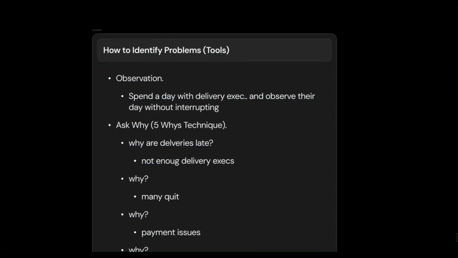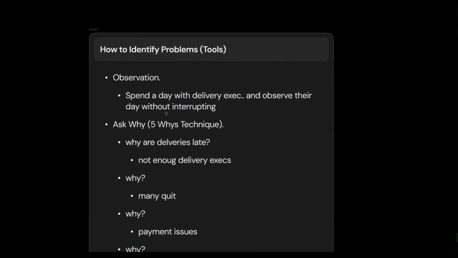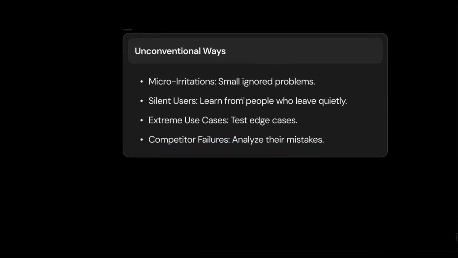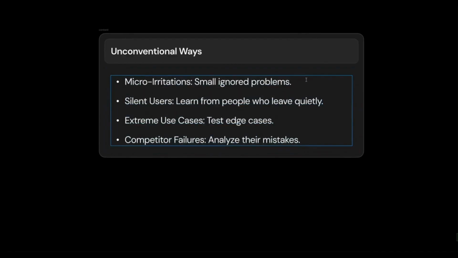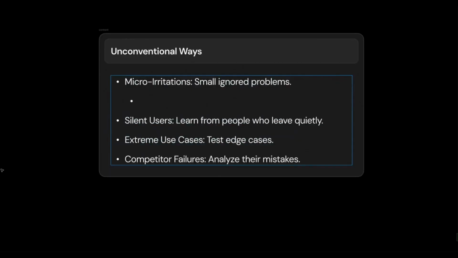There are unconventional ways to identify problems. These are the four unconventional ways. First one is micro irritations. In micro irritation, you need to look for the small stuff people have learned to tolerate. These are gold mines.